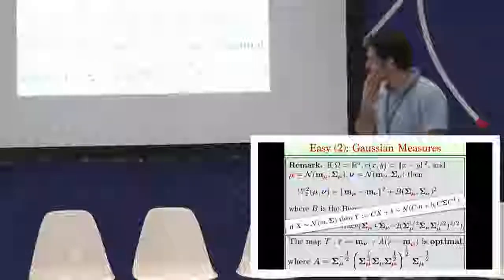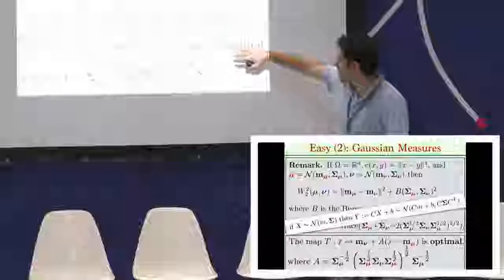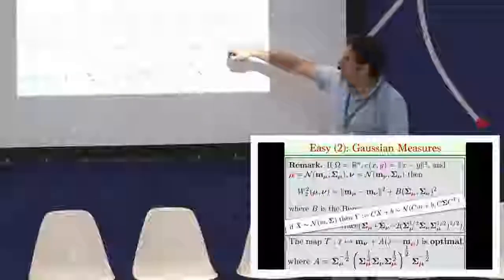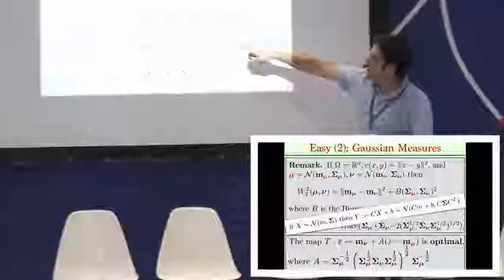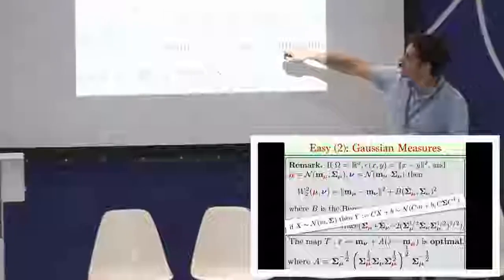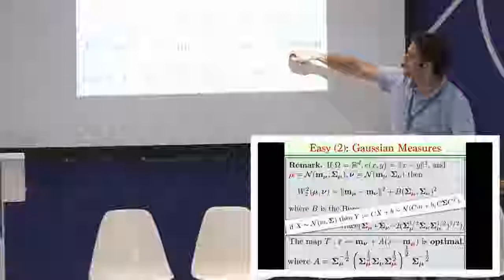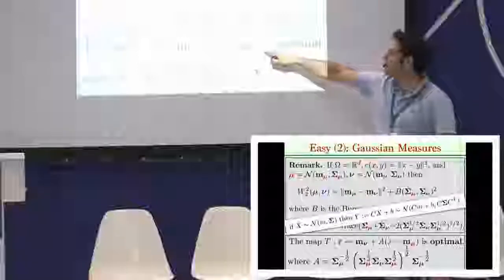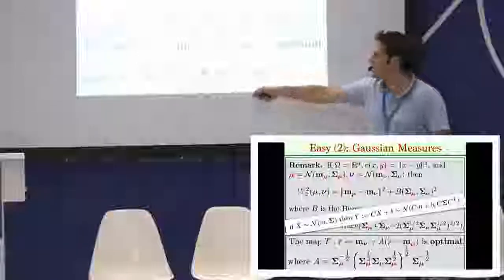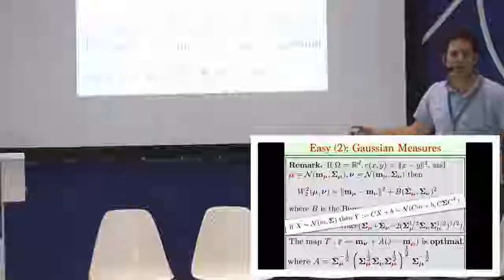So it turns out that if I apply the map, x becomes the mean of the second Gaussian measure plus A times x minus the mean of the first measure, where A is this matrix, a bit horrible.